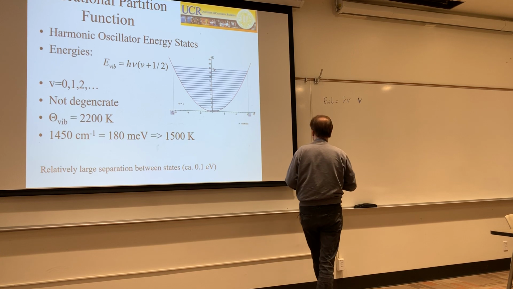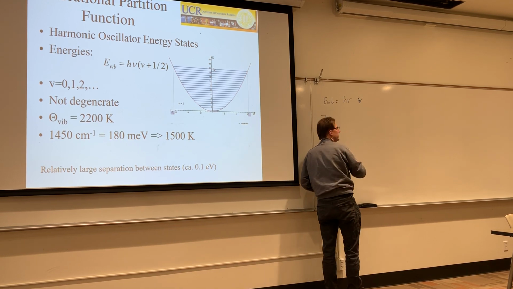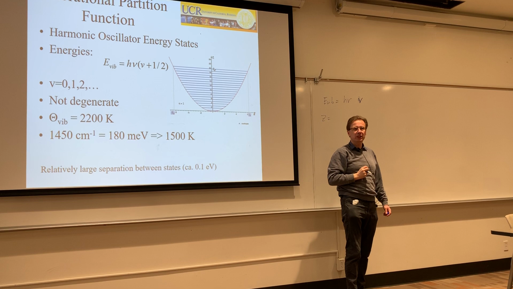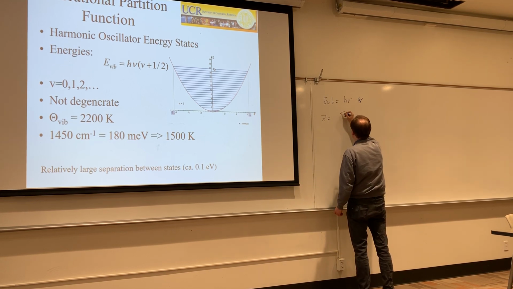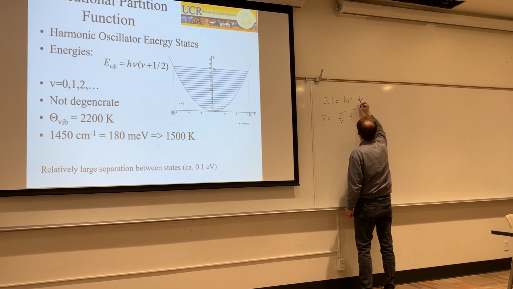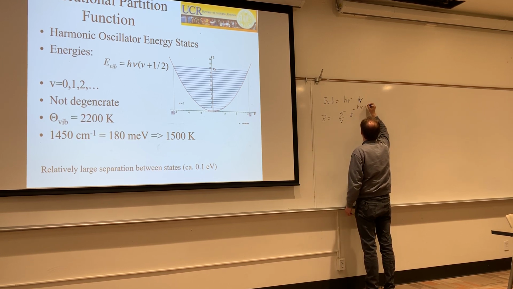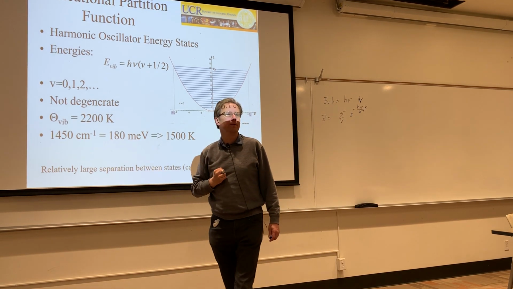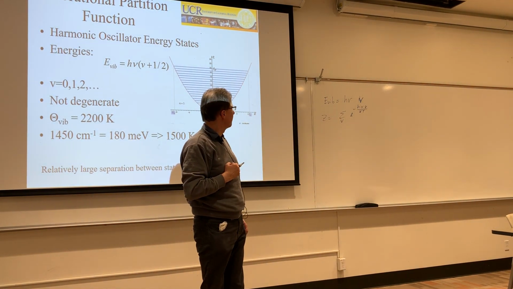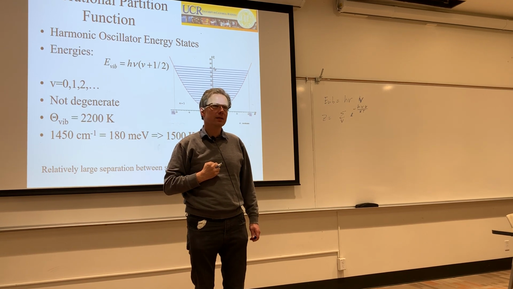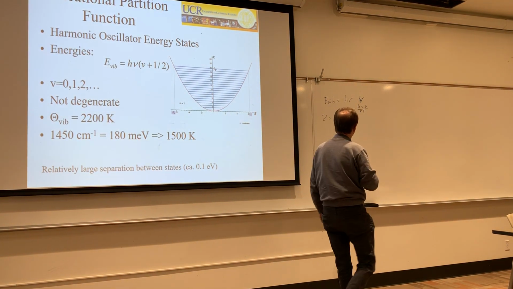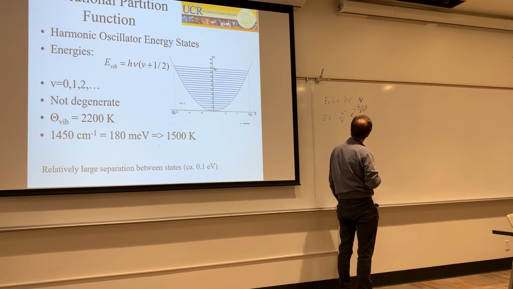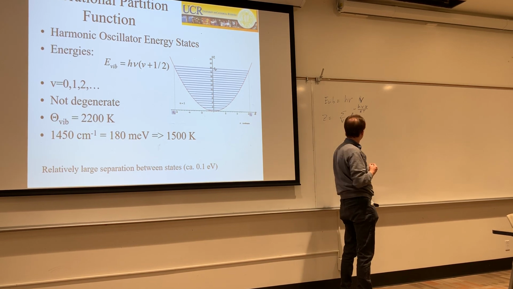Now, if that is the case, then I can immediately write what is the canonical partition function for that, right? That's the sum over v of e to the power of minus h times nu times v over kT, correct? That is then something which I can probably simplify.